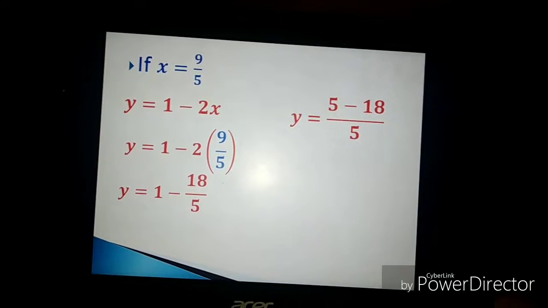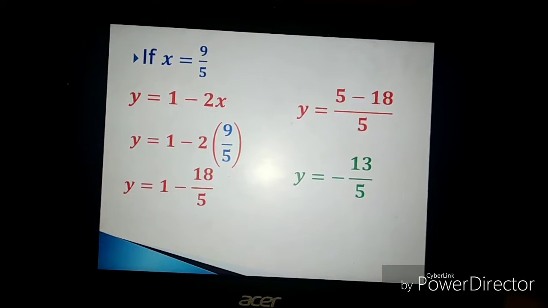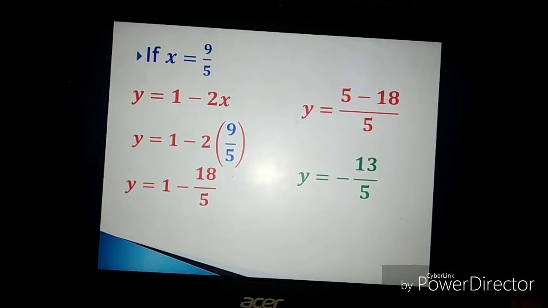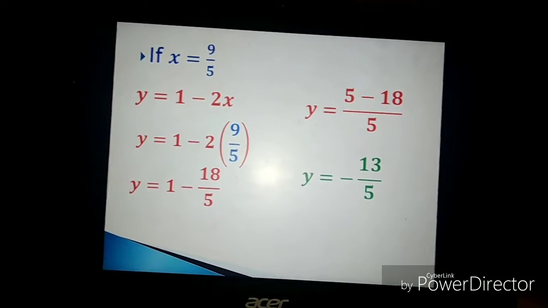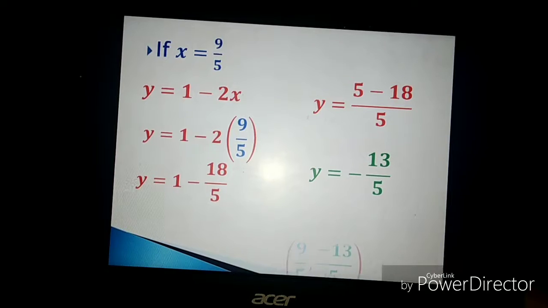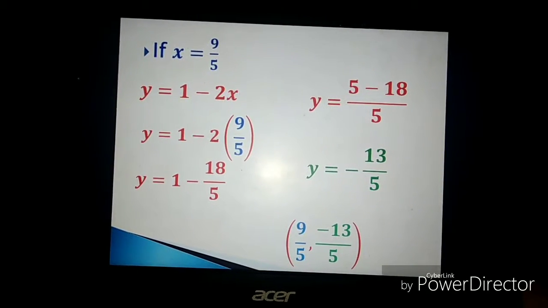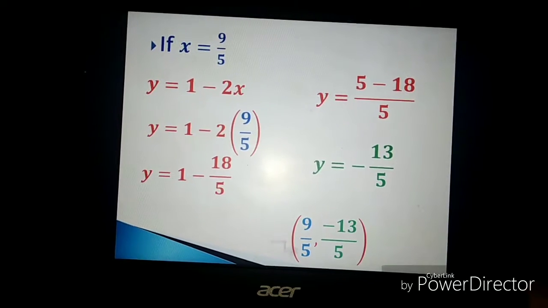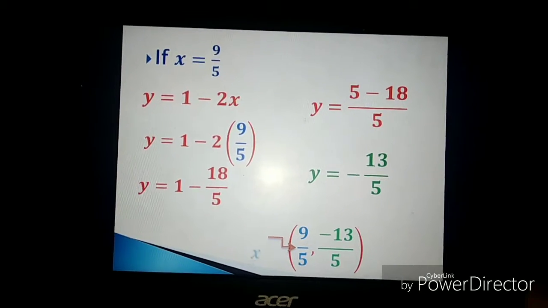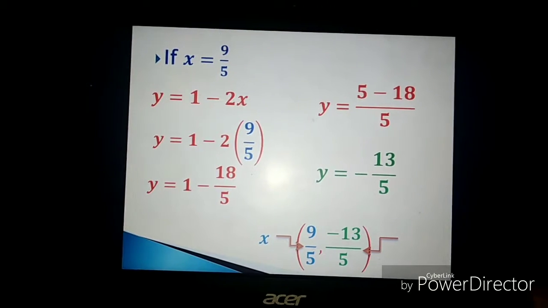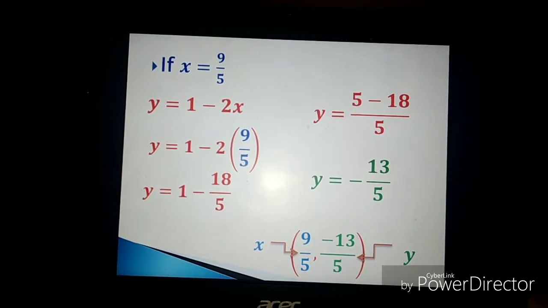To operate this one, it will become y is equal to negative 13 over 5, since 5 minus 18 is equal to negative 13. So we have here the ordered pair 9/5 and negative 13 over 5, where 9/5 is your x and negative 13 over 5 is your y.